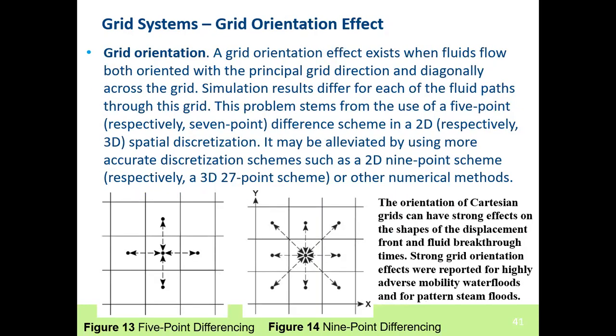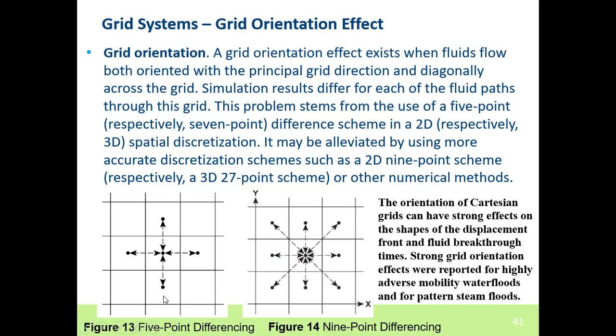Let me just mention the grid orientation effect. The grid orientation effect exists where fluid flow is oriented both with the principal grid direction and also diagonally. So if you look at these differencing schemes, this is 5-point differencing, this is 9-point differencing.